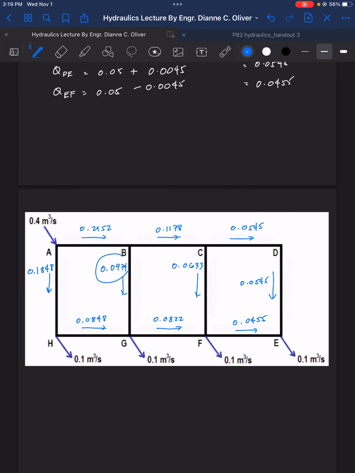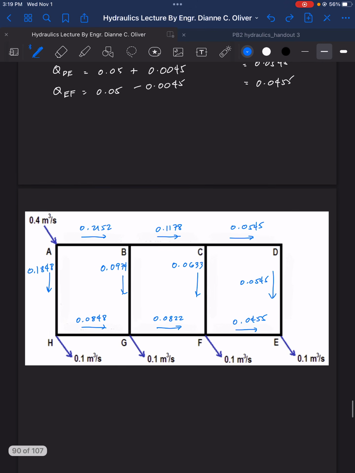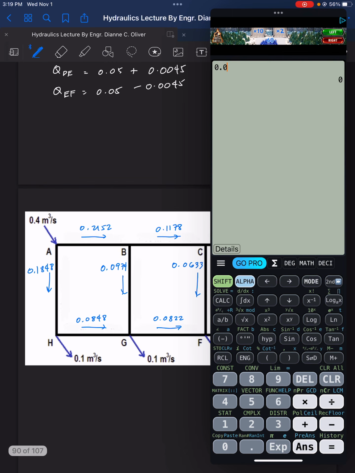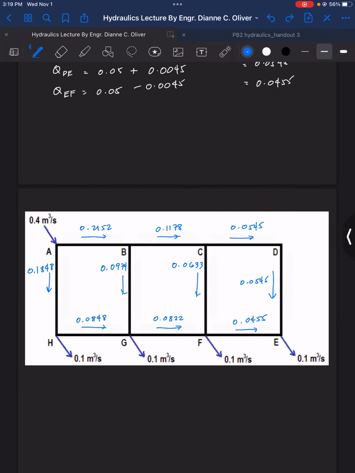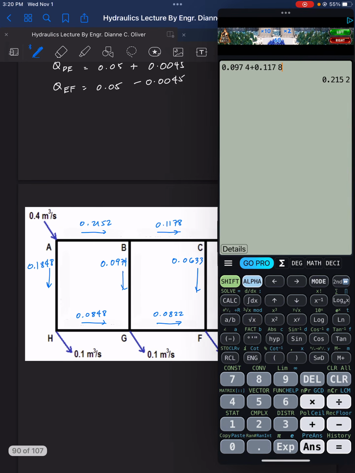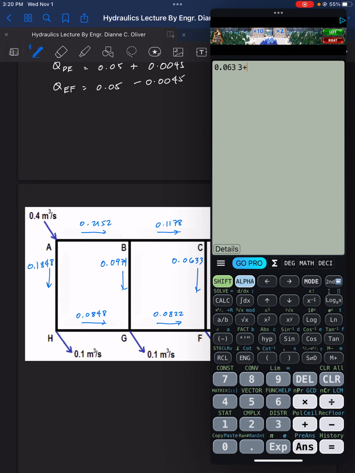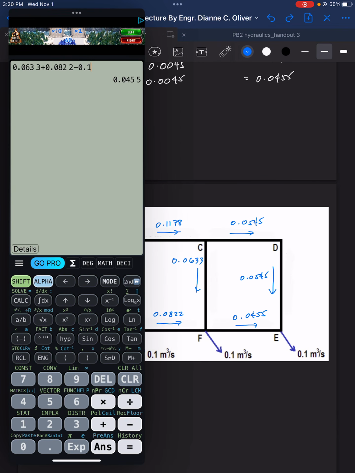Checking. The flow here, if we add it, should equal 0.2152. So 0.0974 plus 0.1178 is 0.2152. Okay. And you can check also the rest. If you add this, it's equivalent to the addition here. So that means 0.0633 plus 0.0822 minus 0.1 is equal to 0.0455. Okay.